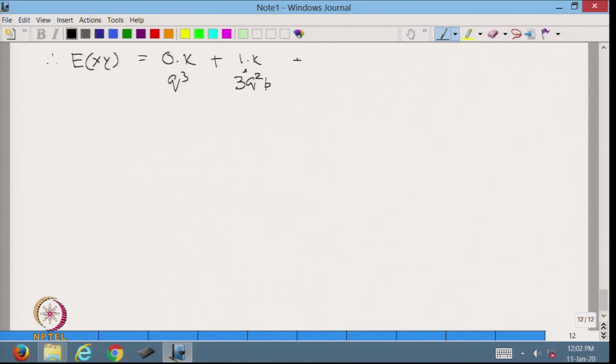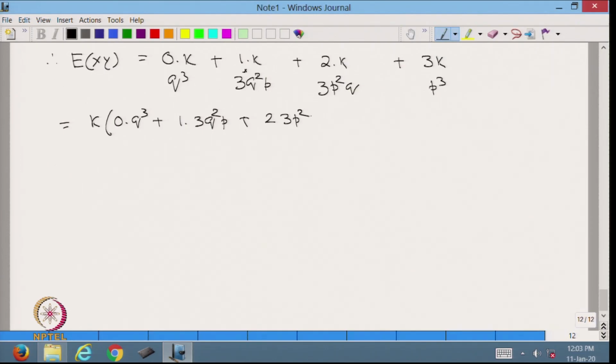I am multiplying by these corresponding probabilities, 2 times k multiplied by 3 p square q plus 3 k multiplied by p cube, which is equal to k times 0 into q cube plus 1 into 3 q square p plus 2 into 3 p square q plus 3 into p cube, which is equal to k into expected value of a binomial random variable with parameters 3 comma p, which is equal to 3 k p.